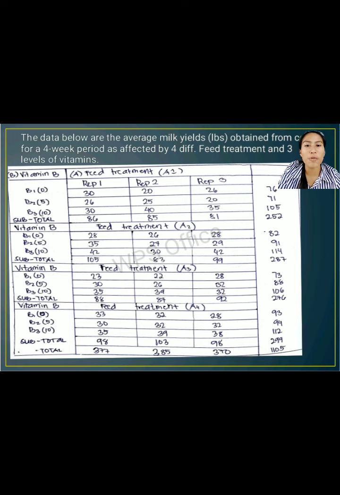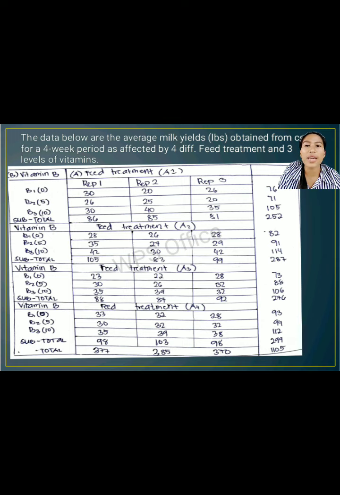Factor B is the 3 levels of vitamins, which are B sub 1, B sub 2, and B sub 3. As you can see, our feed treatments are replicated 3 times.